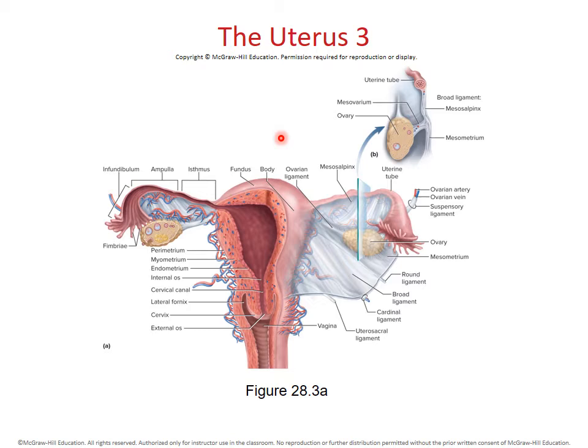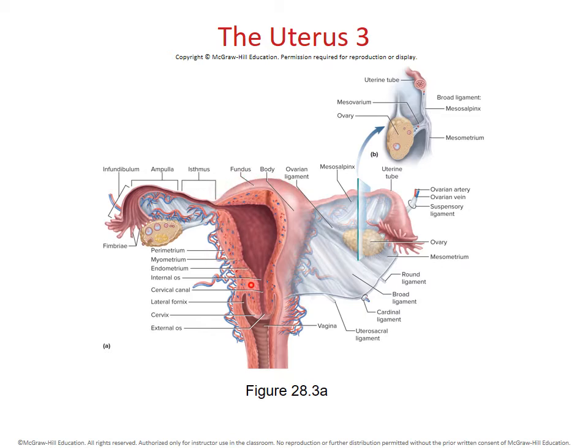Now, the wall of the uterus is broken down essentially into 3 layers. On the outside, we have a connective tissue capsule known as the perimetrium. This is not on our list of terms, but you may want to add it, since to have a complete discussion of the wall, we really should include it. So the outer fibrous capsule is the perimetrium.